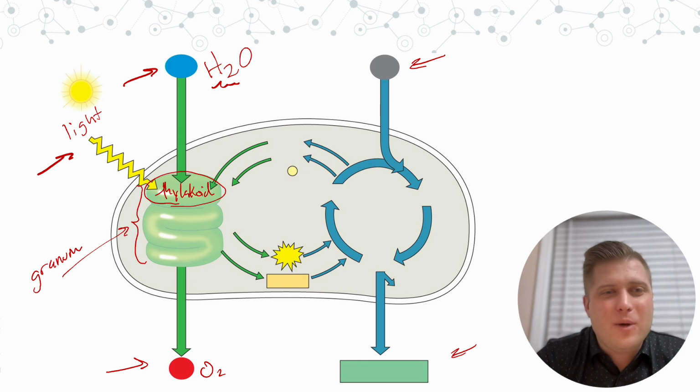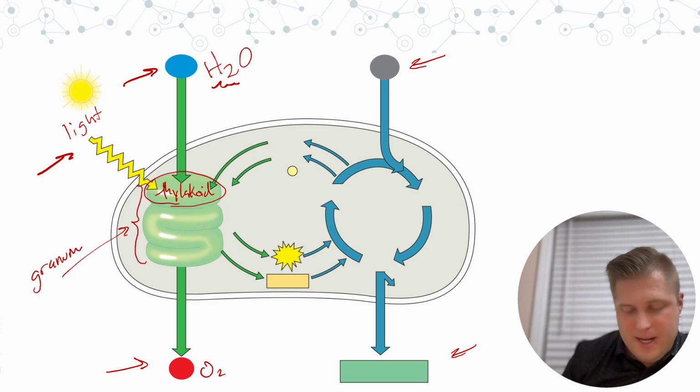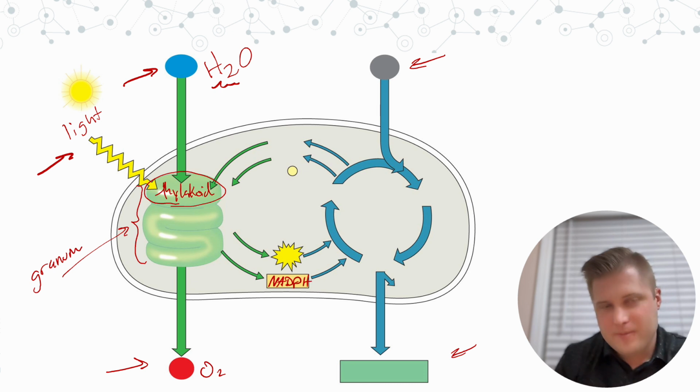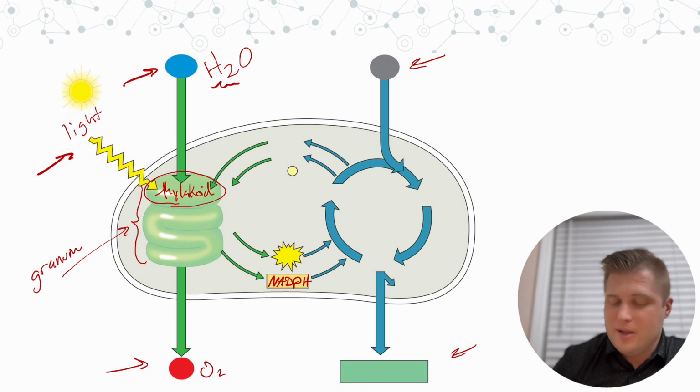Those stacks of thylakoids are granums. The hydrogen is going to pass off in its molecule that I'm going to draw down in the box. This is a high energy molecule called NADPH. The H tags a ride with NADP, and enters this other side we call the Calvin cycle.